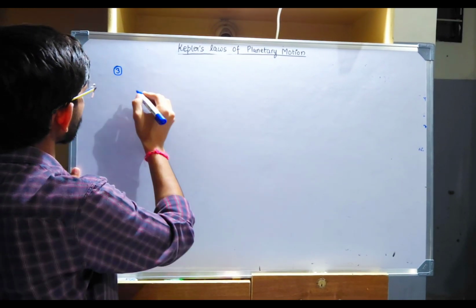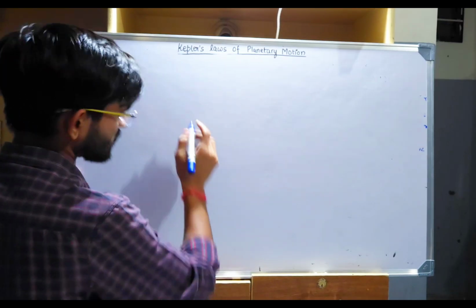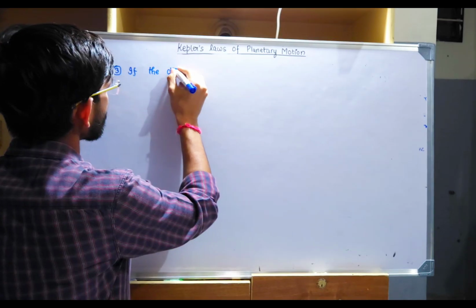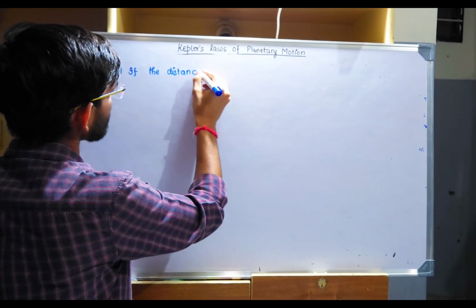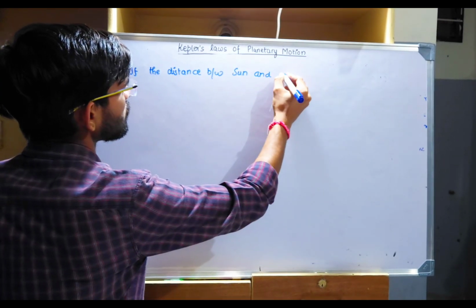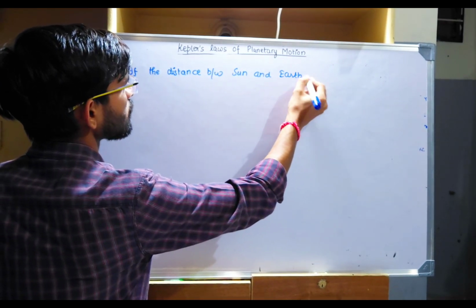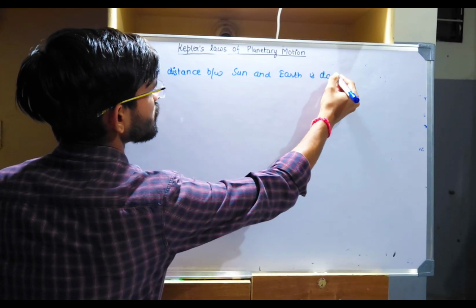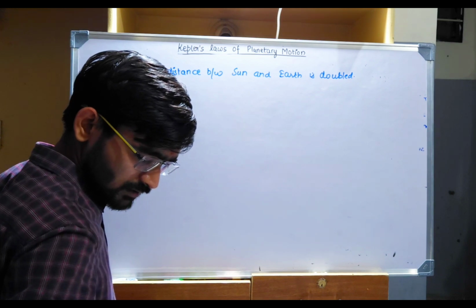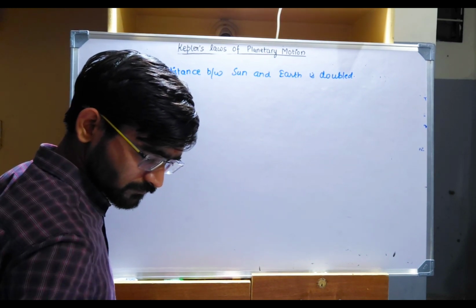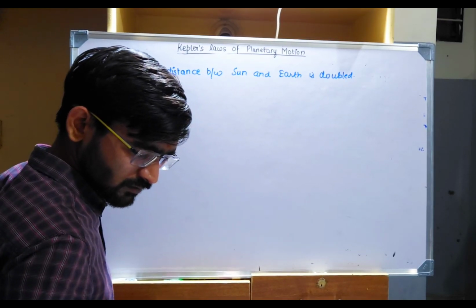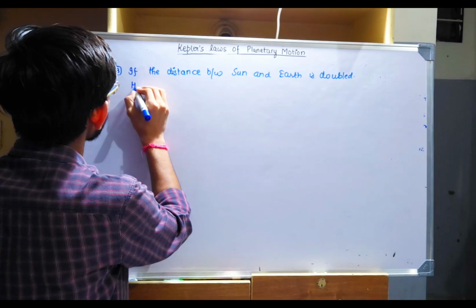Third question I am taking on that topic: if the distance between sun and earth is doubled, how many days would have been in a year?